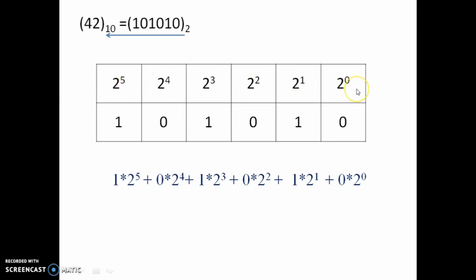Represent these as powers of 2. So 0 is 2 to the power of 0, 1 is 2 to the power of 1 and so on. The last digit is at 2 to the power of 5.